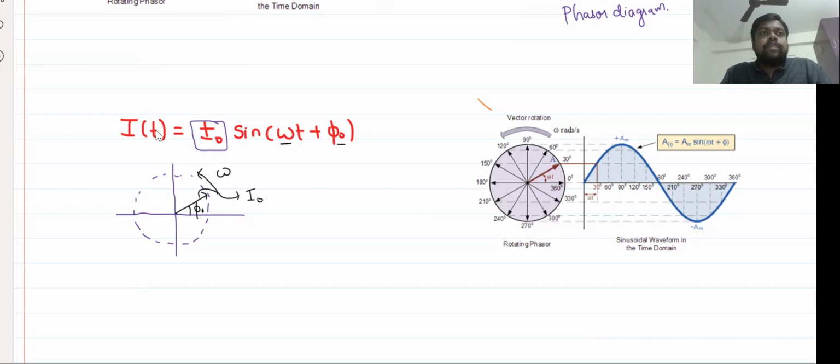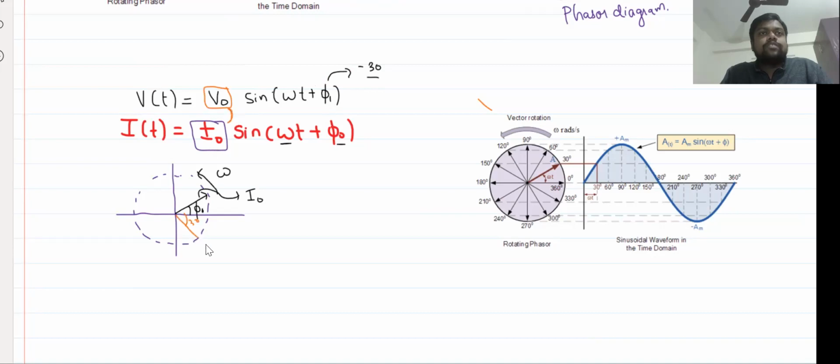Suppose in the same diagram you have to draw the phasor of voltage, V naught sine of omega t plus phi 1, where this phi 1 you can take as anything, like minus 30 degrees, suppose. So you can represent it here at minus 30 degrees, it will be down. And this amplitude, suppose this is more than the current, I am not saying that these two values will be the same, they can be different also.